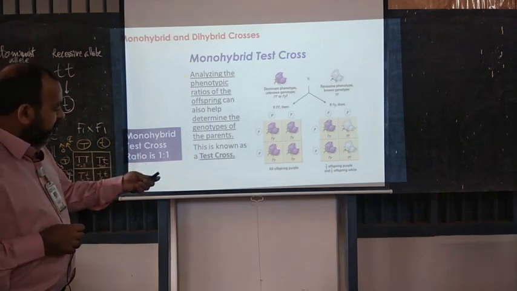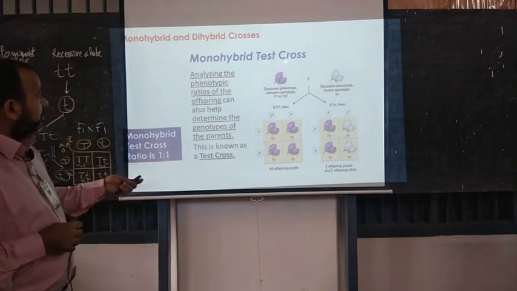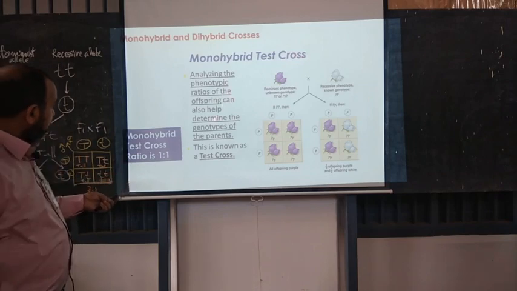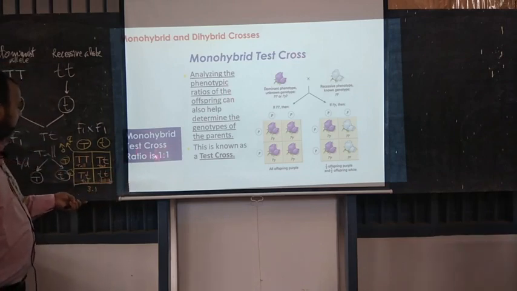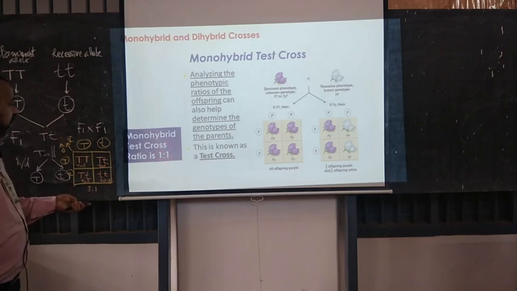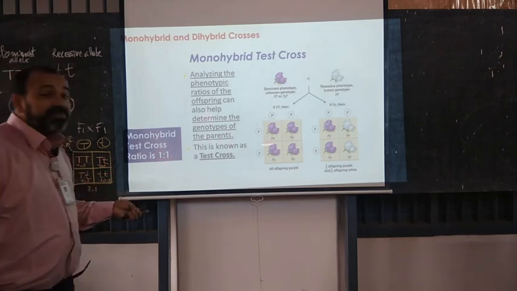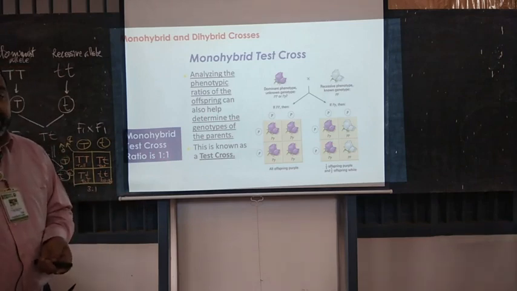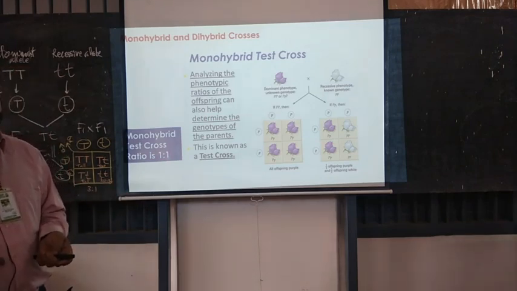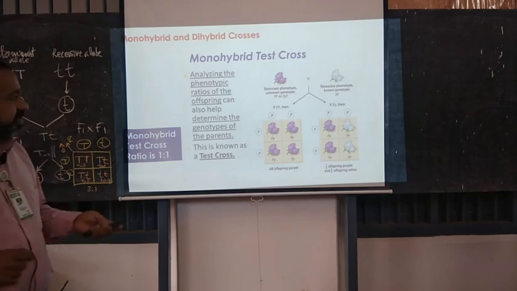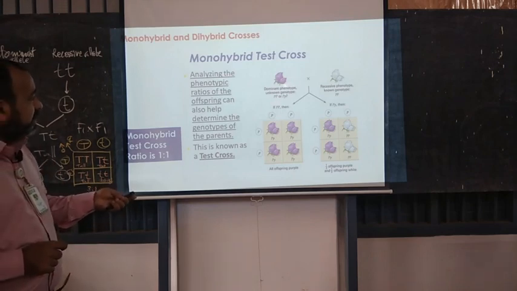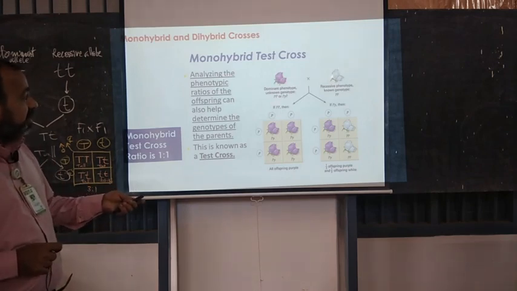Then you get a pictorial representation of the monohybrid test cross. The ratio is always 1:1, and it is helpful to determine the genotype of the parents. To determine the genotype of parents, the test cross is the test. Here one parent is a purple colored one and the other a white colored one.